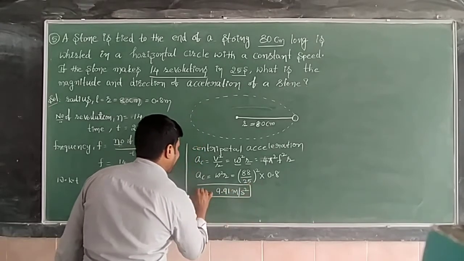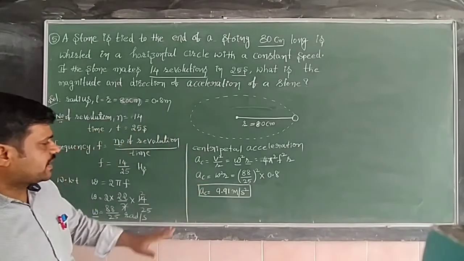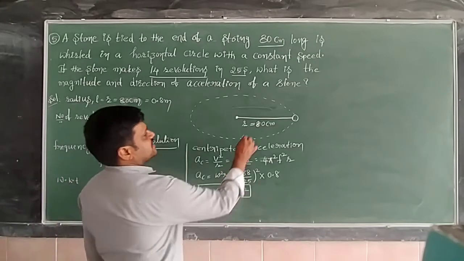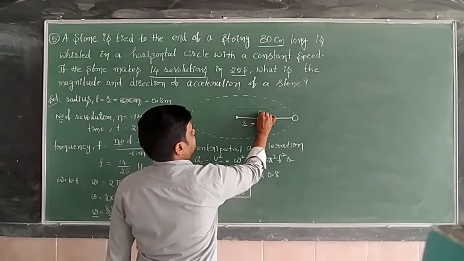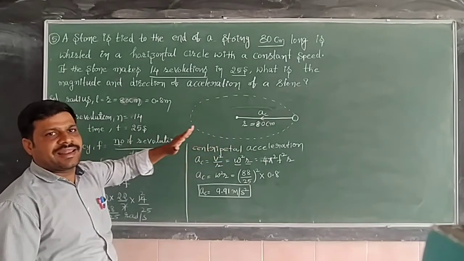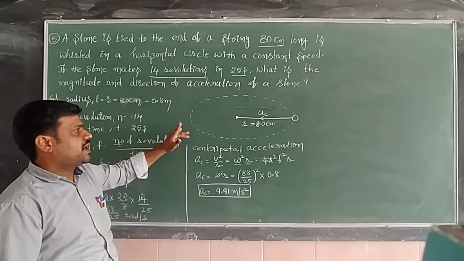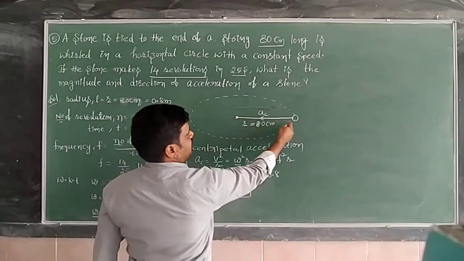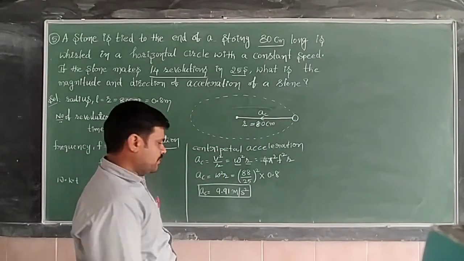So centripetal acceleration is 9.91 meter per second square. Now what is the direction of centripetal acceleration? The direction of centripetal acceleration is along the radius and towards the center of the circular path.